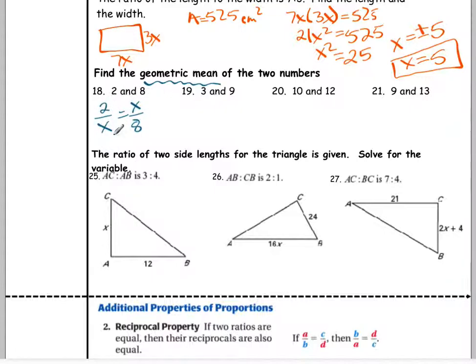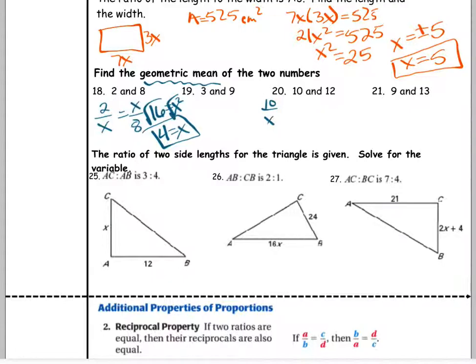So you always set up this ratio or this proportion like this. It's the number over x, x over the number, and then you cross multiply and solve. So 2 times 8 is 16 would equal x squared, and then you square root. 4 is x, and that's the answer.